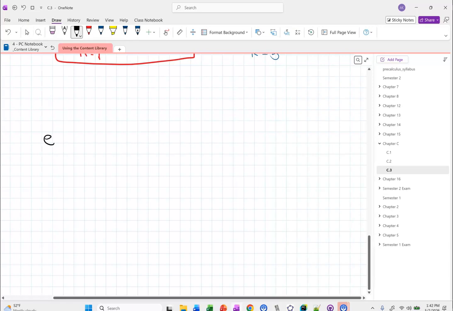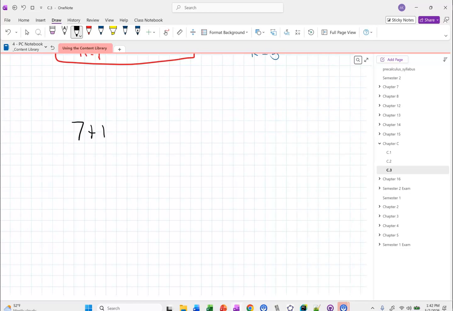Well, what if I took this same sequence, or the same series, but I did something like this?